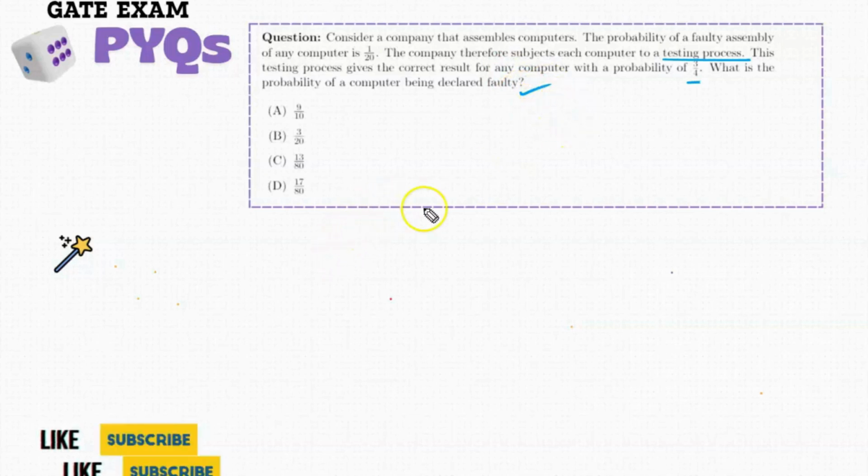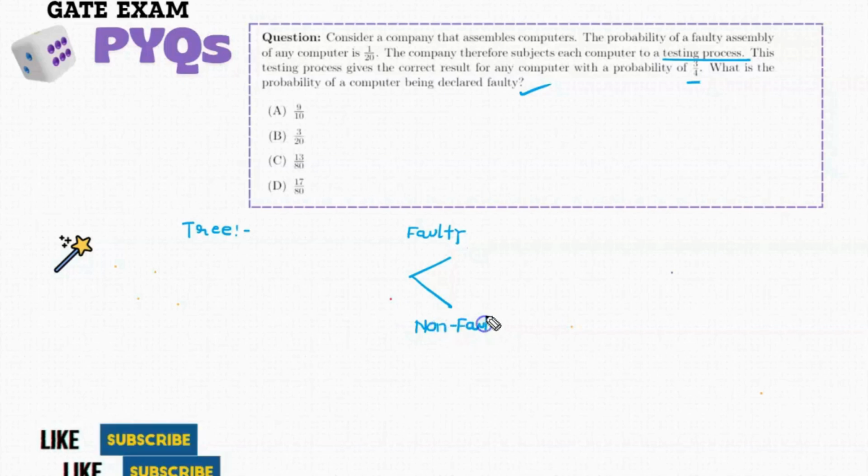So let us consider the cases when the computer is actually a faulty computer, right? So how to do this now? We understand with the help of a tree diagram. Let us say here we have a computer which can be either faulty or non-faulty, correct?